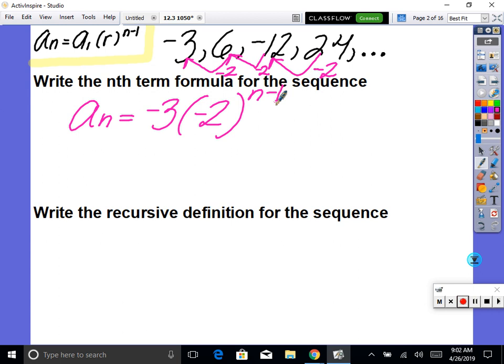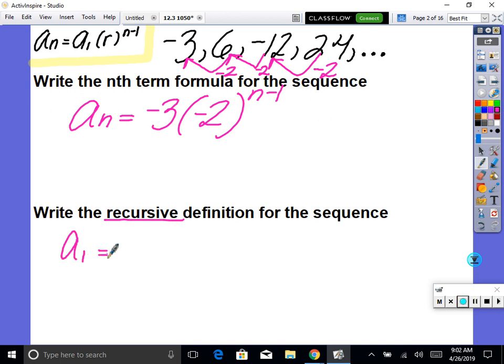There's your general formula. Now let's practice this, because I am confident that they will have one where they ask you to write a recursive definition. And if you miss this, probably you're missing the easiest one on the test. But a lot of people miss it because they don't know what recursive definition means. Just a reminder, a recursive definition is a way for someone to rewrite this sequence, even if they don't know it, by a formula that's written in terms of the previous term. With recursive definitions, you have to tell them where to start.